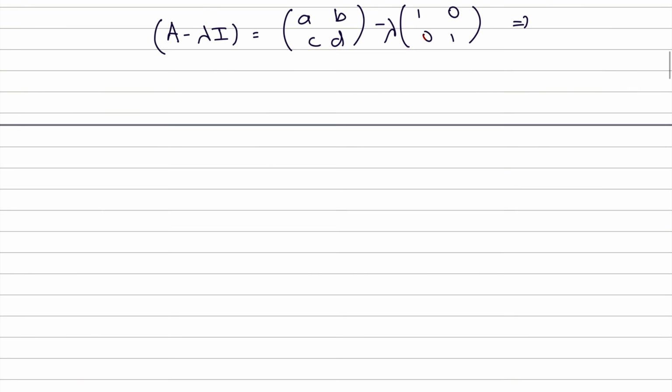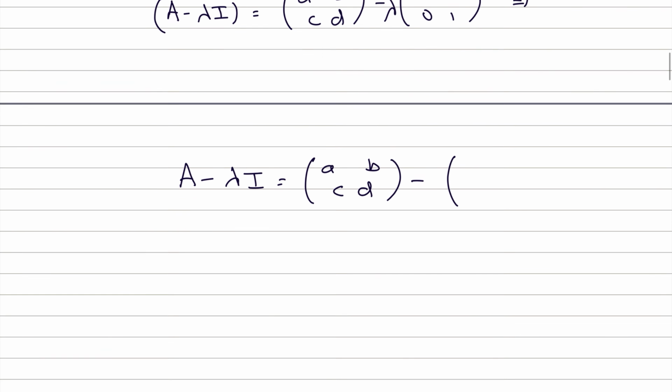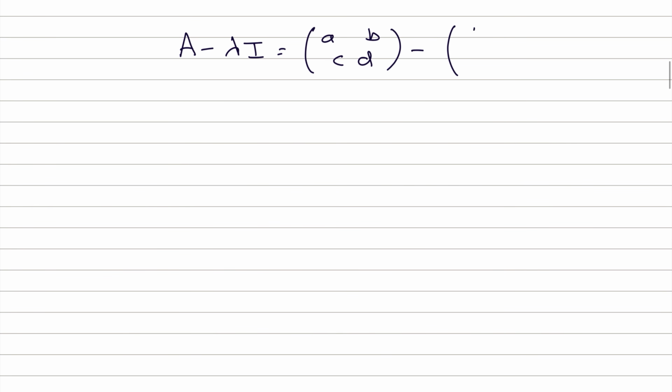That implies A minus lambda I is equal to [A, B; C, D] minus [lambda into 1, lambda into 0; lambda into 0, lambda into 1].